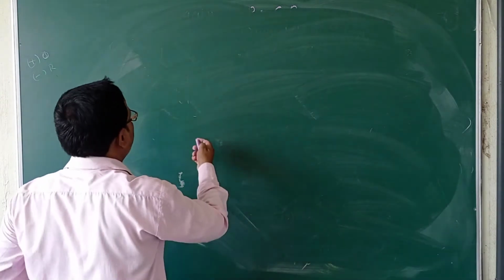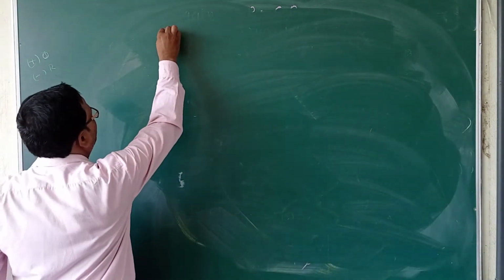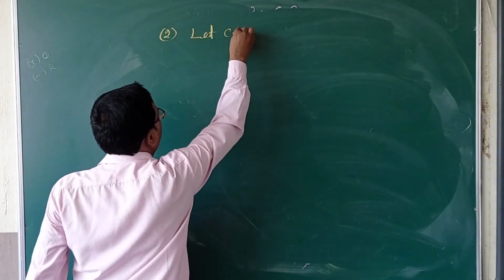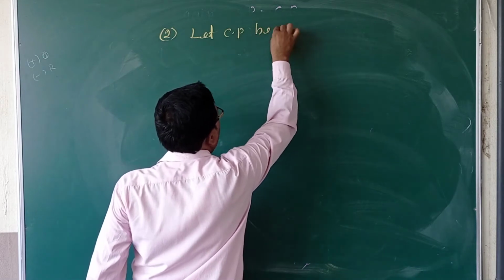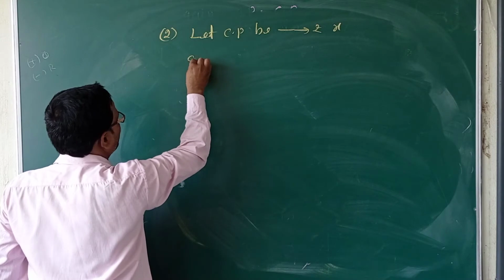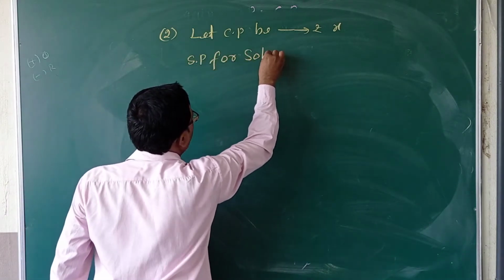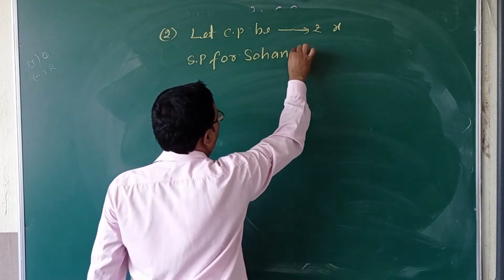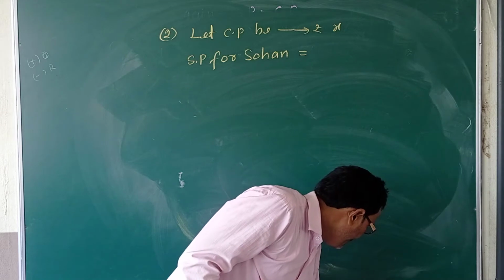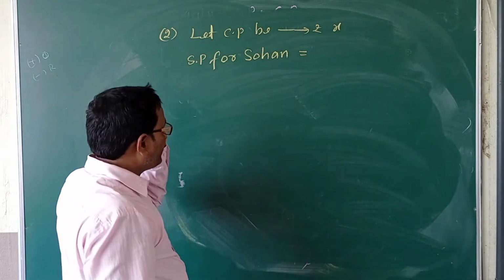Let the CP be X rupees. Then the SP for Sohan: given in the question, Sohan sold it for rupees 14,400.